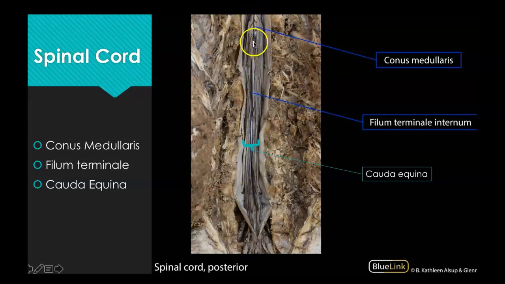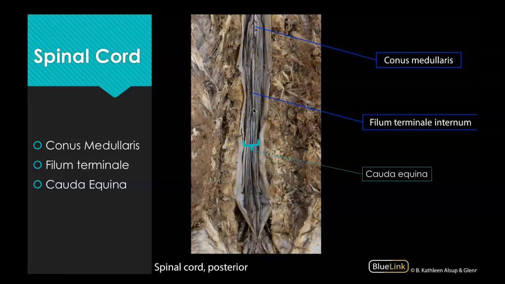At the very end, we see it coming to a cone shape or a point, and that would be termed your conus medullaris. This conus medullaris structure will be found in the region of L1 or L2. If you find the conus medullaris and look at the very tip of it, you will see a silver or white strand coursing inferiorly, and that is termed the filum terminale.